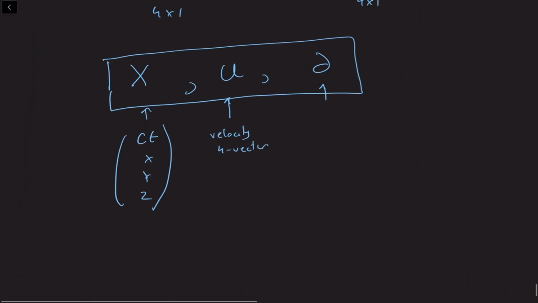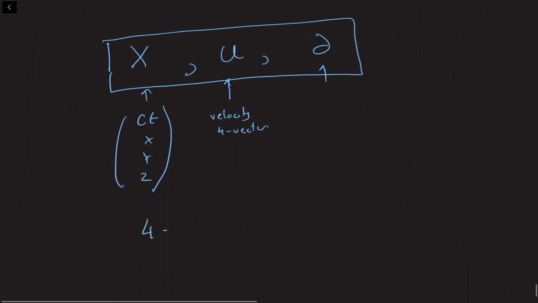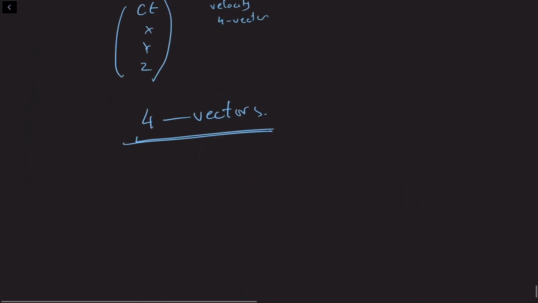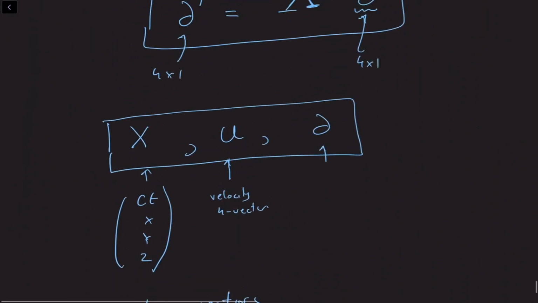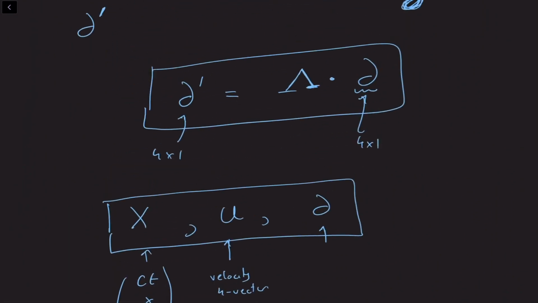Okay, so this gives us a general notion of the idea of 4 vectors. That is, there are many things which transform with the same matrix lambda. So we see that in terms of the matrices lambda, the transformation rules, or our dictionary, has become much more simple.